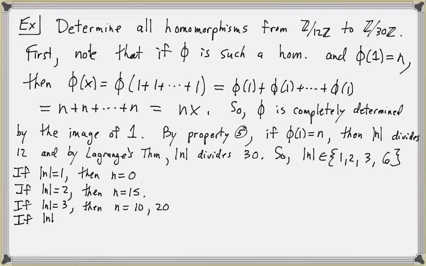And if the order of n is 6, then the elements of Z mod 30 that have order 6 are n equals 5 and the inverse of 5, which is 25.